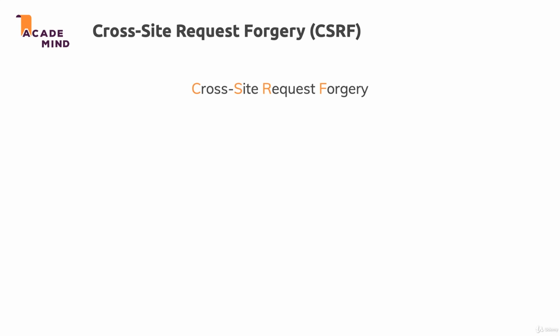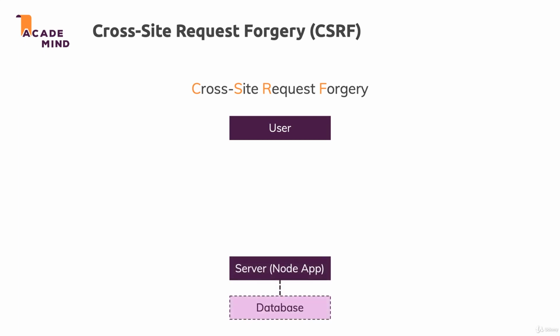So CSRF stands for cross-site request forgery, and the idea is that if you're the user of a web app and you have some backend, let's say the online banking site which uses Node.js or any other programming language, this is not exclusive to JavaScript, and it talks to a database, the server. Now you're visiting the front end of this page, let's say the user interface of your online banking site.